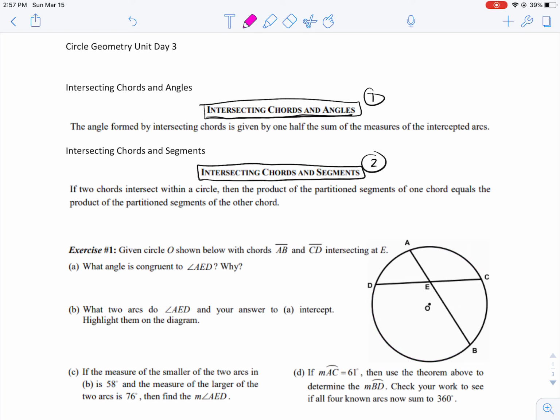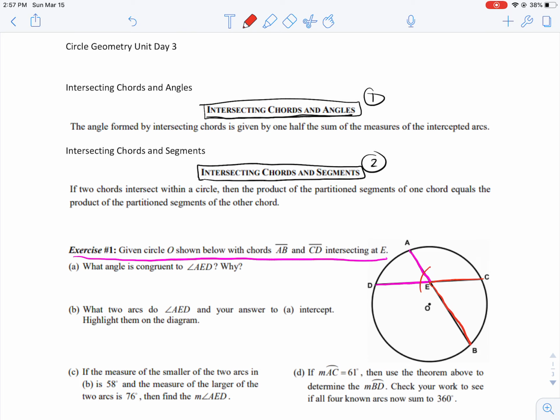Let's read it. Example 1. Given circle O shown below with chords AB and CD intersecting at E, what angle is congruent to AED? It wants to know what angle is congruent to this angle right here. Hopefully you recognize that this is an example of vertical angles.